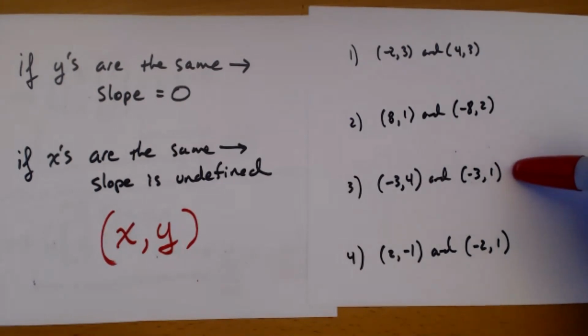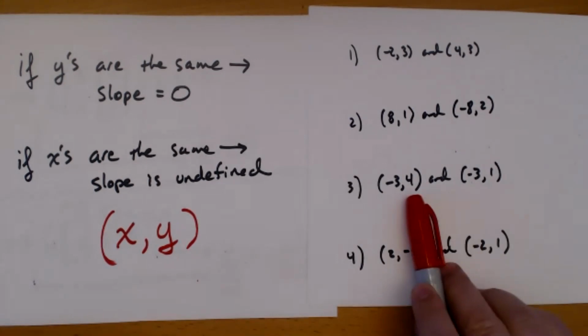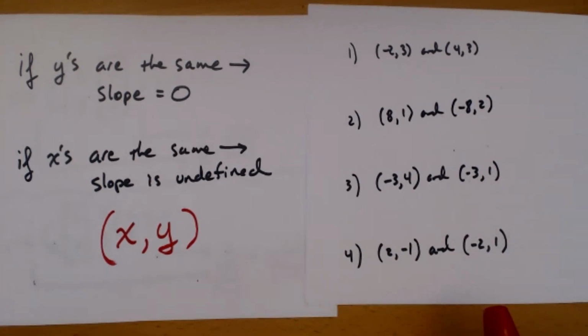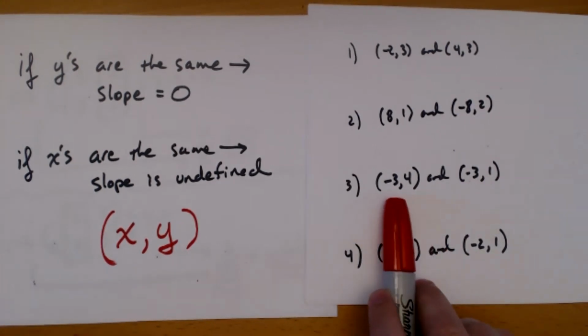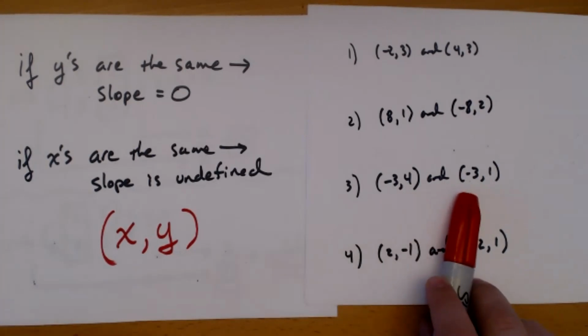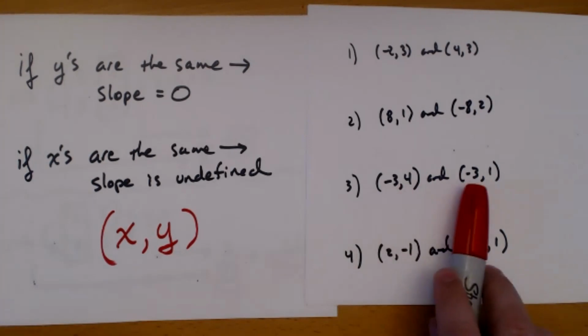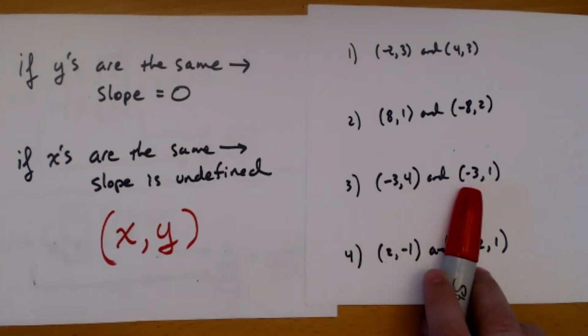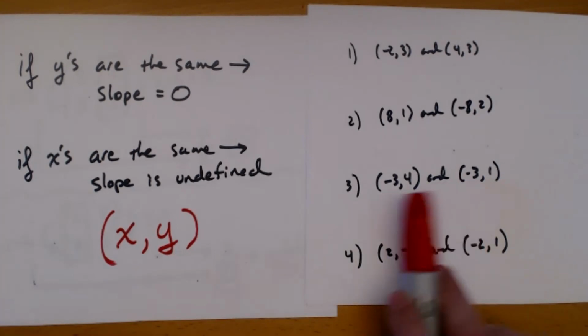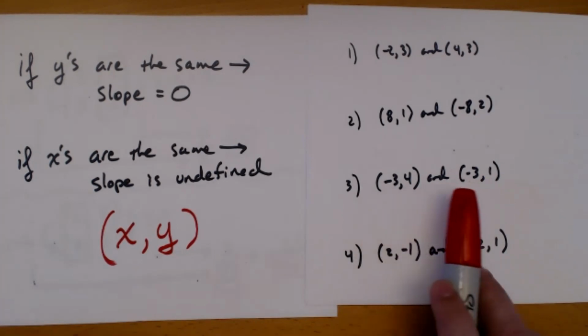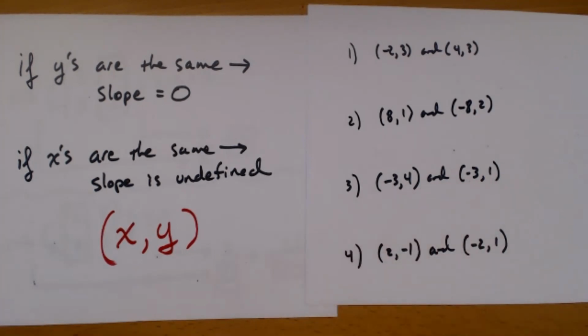Let's take a look at this one. Is 1 and 4 the same number? No, but is -3 and -3 the same number? Yes. So are these my x's or are these my y's? X. And so is this undefined or is this zero slope? Undefined.